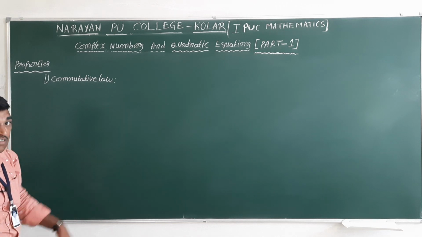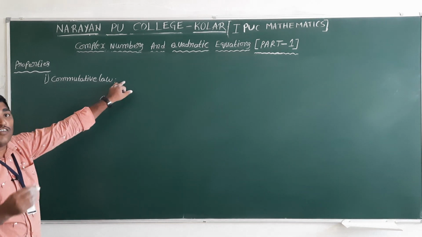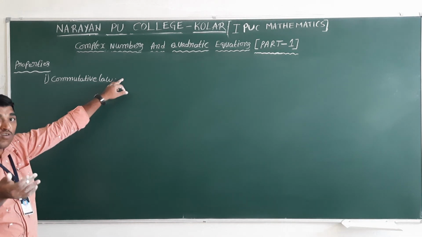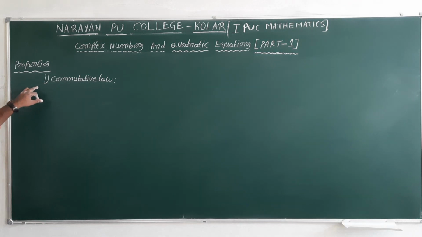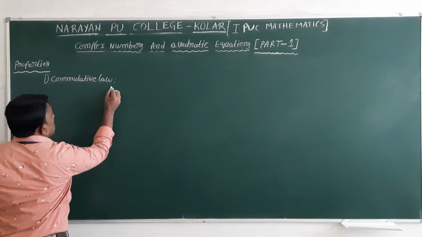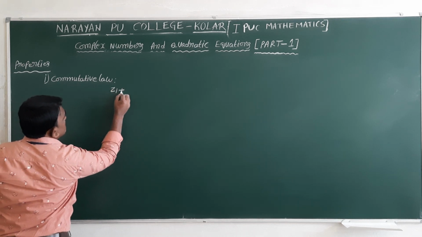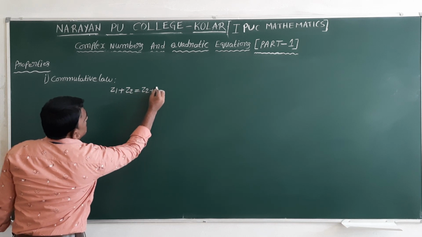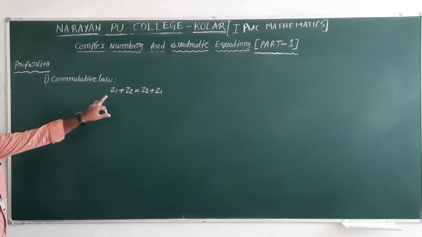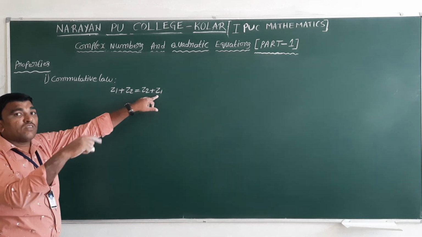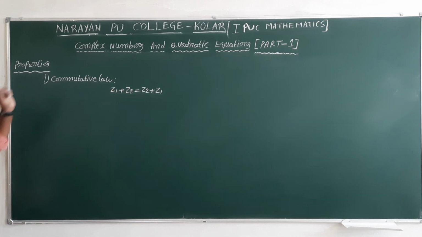If you take two sets, the union gives A union B equal to B union A, and the intersection A intersection B equal to B intersection A. In the same manner, for two complex numbers under addition, the commutative law says Z1 + Z2 = Z2 + Z1. If both results are the same, we can say that is the commutative law.